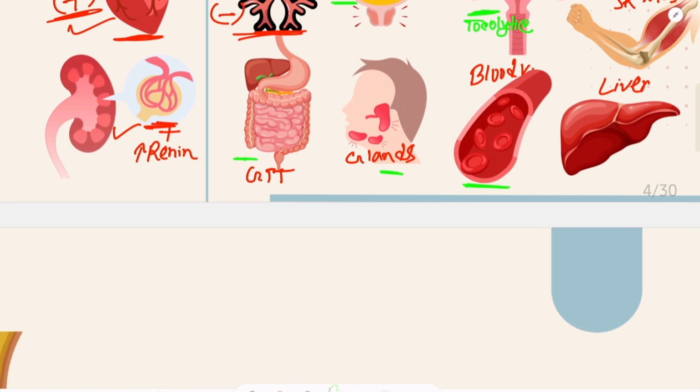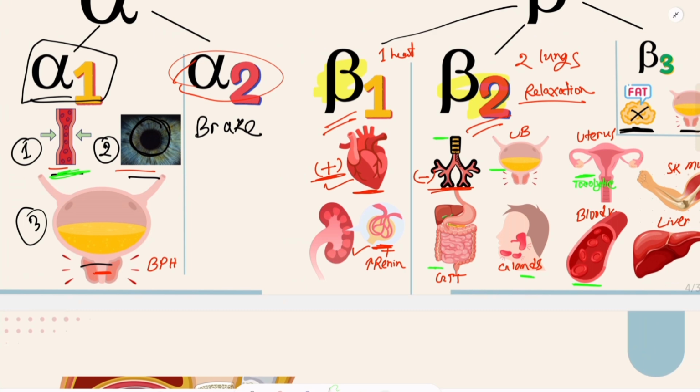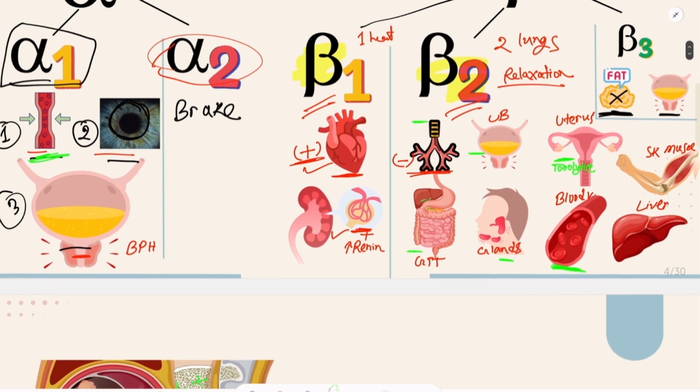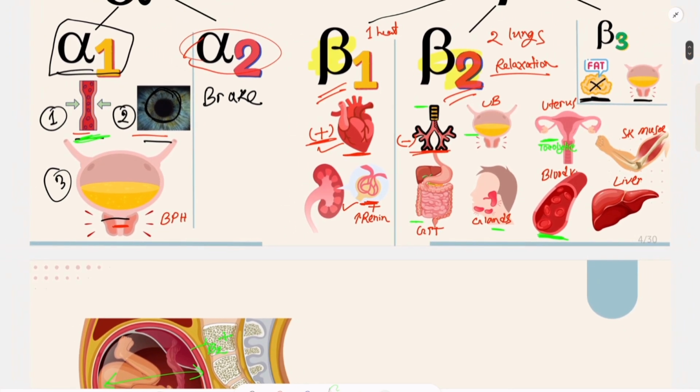But the important thing we discussed earlier that alpha 1 is causing vasoconstriction, and just now we discussed that beta 2 will cause vasodilation. So first of all, how to remember which receptor causes vasoconstriction and which receptor causes vasodilation?